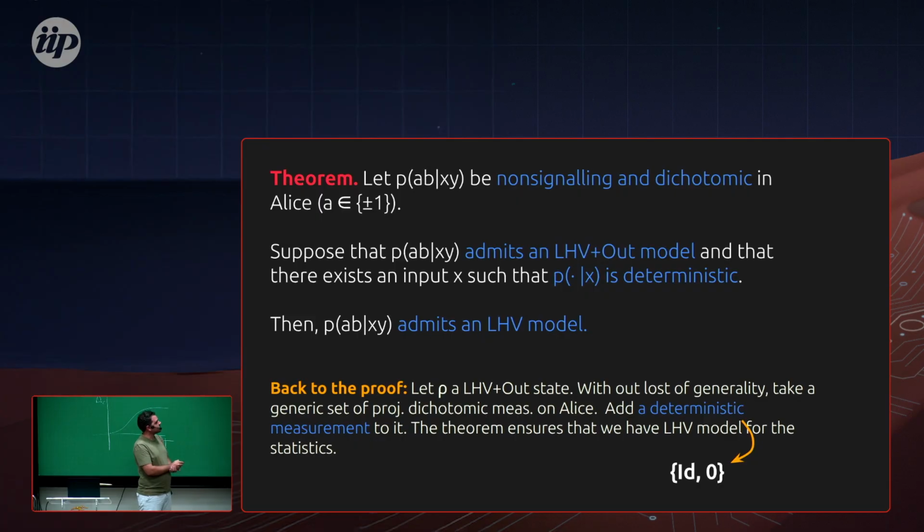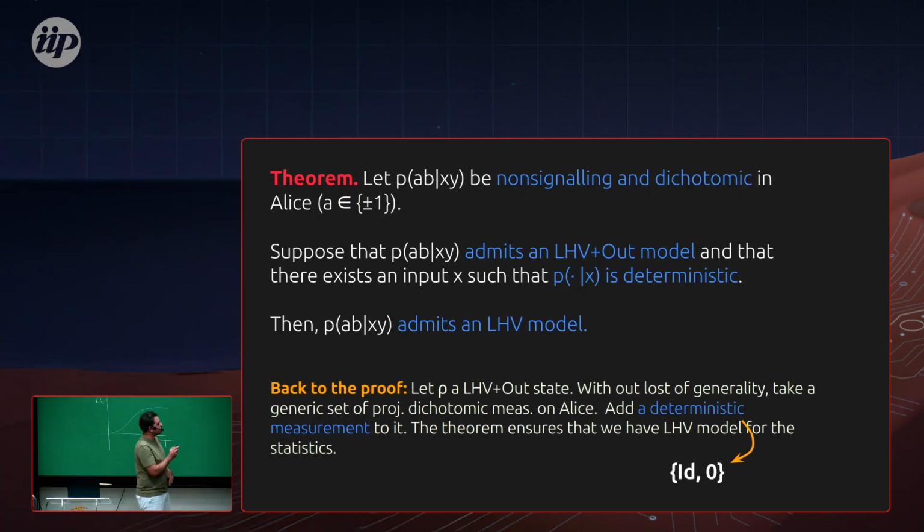Based on this theorem, this new set of measurements will satisfy all the hypotheses. Since this is the deterministic measurement, for this measurement Alice's marginal will be deterministic for sure. Then using the theorem, you know that you have a LHV model for the statistics. So you have a LHV model for this state and this bigger set of measurements. And as this set is generic, it doesn't matter. So you are proving your result. The state here will be LHV as well.